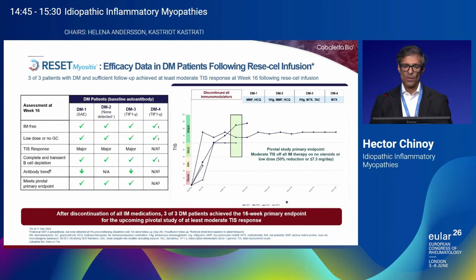And this is with discontinuation of their immunosuppressant treatment as well. So for DM, we're meeting this pivotal study primary endpoint as well, which is achievement of a moderate TIS and off all IIM therapy, or no steroids or low dose.